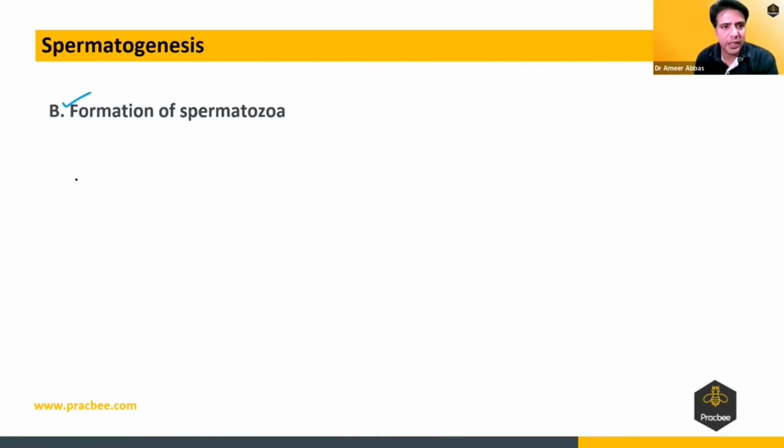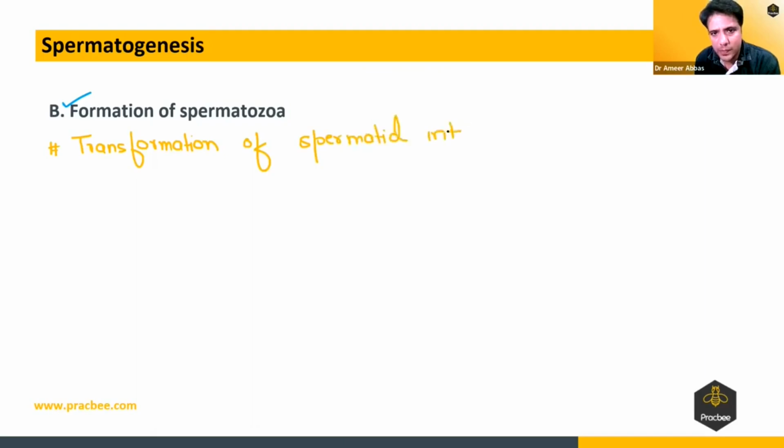The second one is formation of spermatozoa. This is nothing but the transformation of spermatid into spermatozoa. What actually happened in this stage?